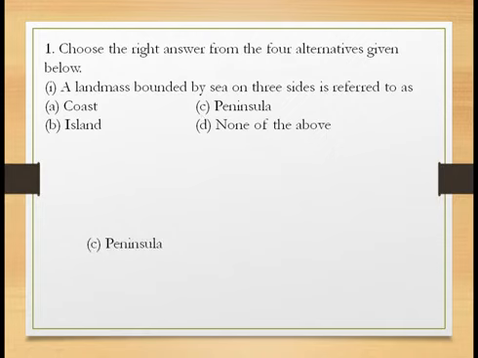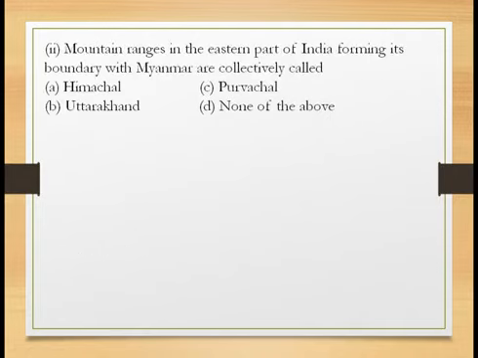Moving to question number 2. The mountain ranges in the eastern part of India forming its boundary with Myanmar are collectively called? First, we will see the options: Himachal, Uttarakhand, Purvanchal, and none of them.